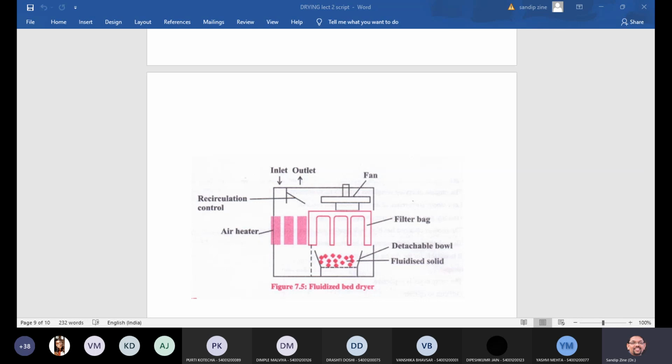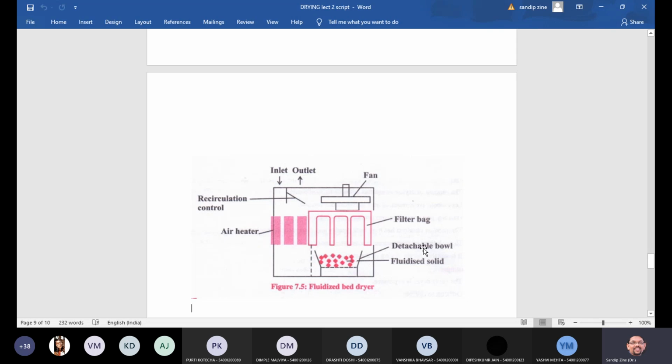In the construction part, again we will go back to the principle of this particular dryer. So in construction, as you are observing in the diagram, it consists of a steel shell of cylindrical or rectangular cross section, then a detachable bowl which has a perforated bottom is placed at the bottom of the dryer, isn't it?